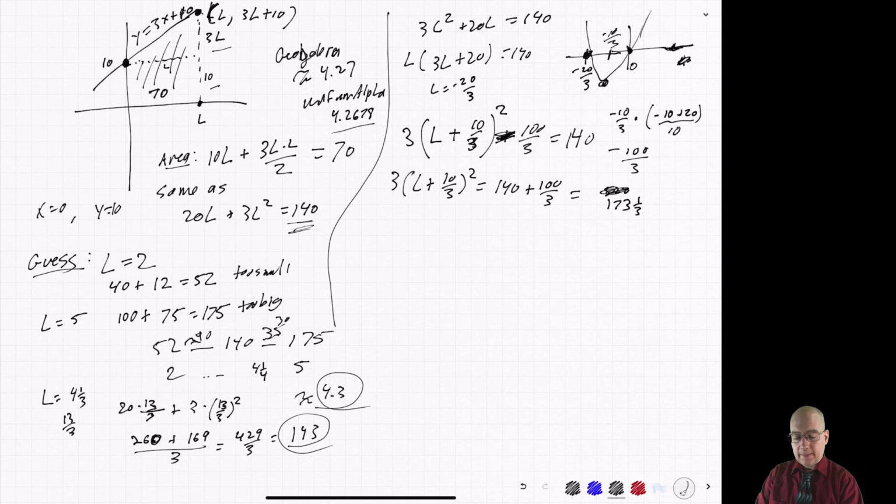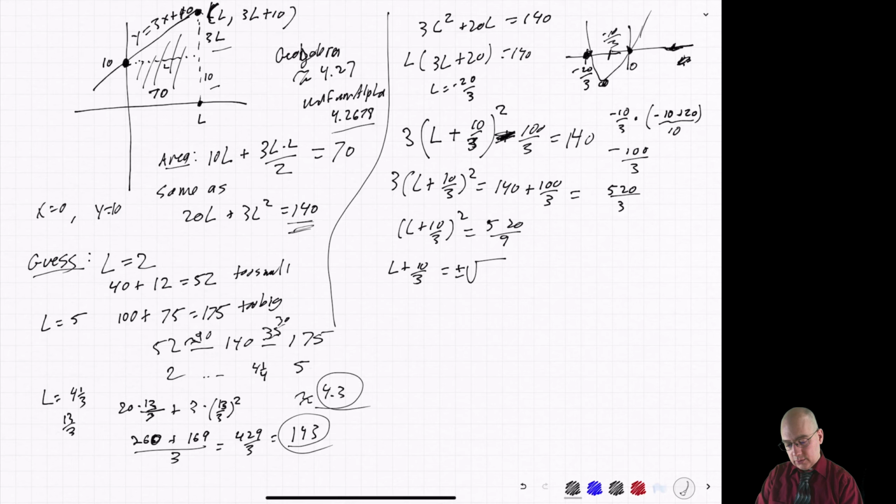Maybe I'd want to keep it in thing, so what was it, 520 over 3. And now plus 10/3 equals 5 squared, 520 over 9. Then I take a square root. Do a plus or minus 520 over 9. And of course, the 9 is, square root of that is just 3.